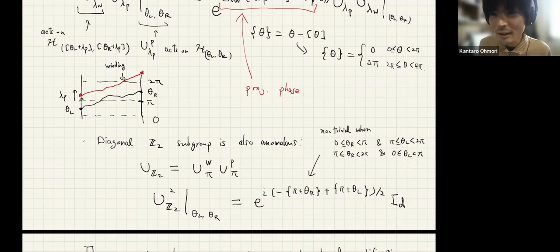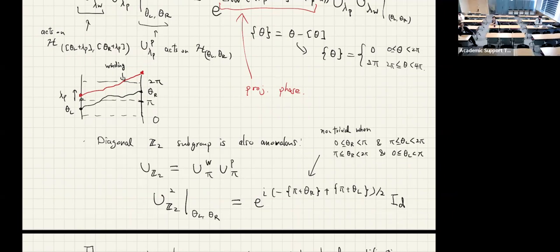I don't really know, but it's the topology of the classifying space of Z2. It's very obscure. I don't have a good answer.